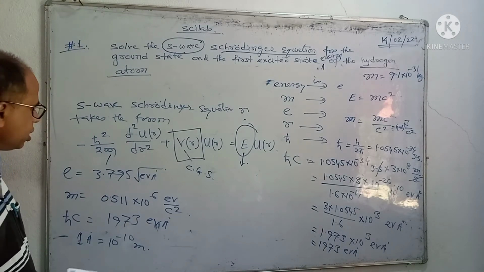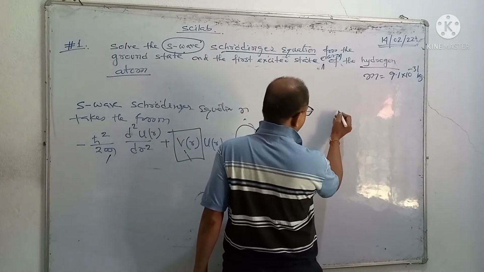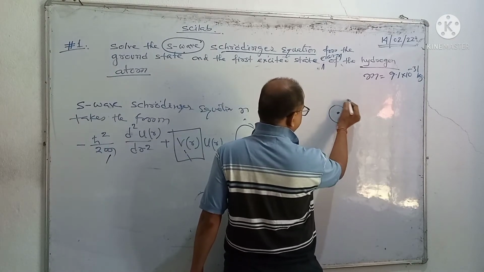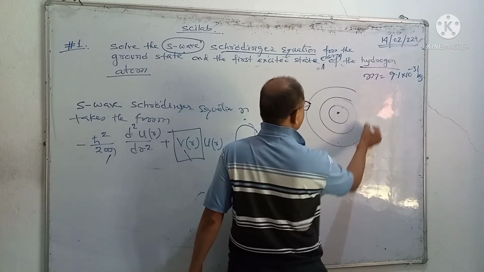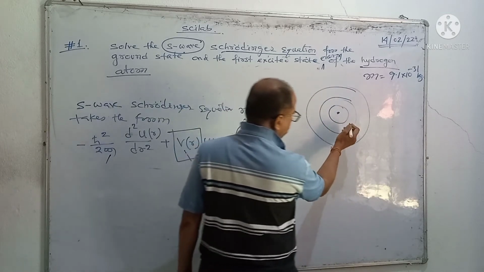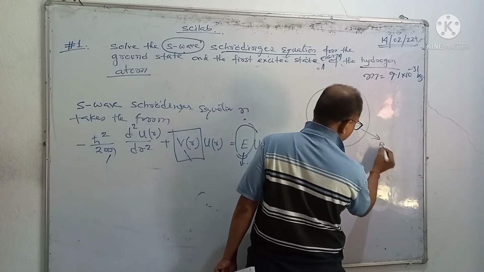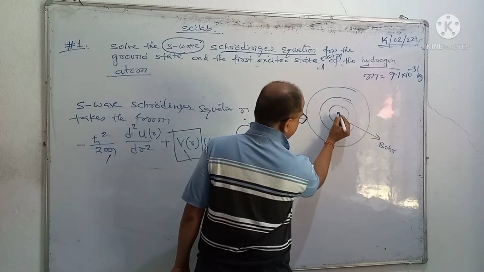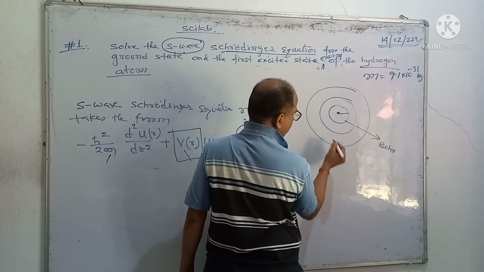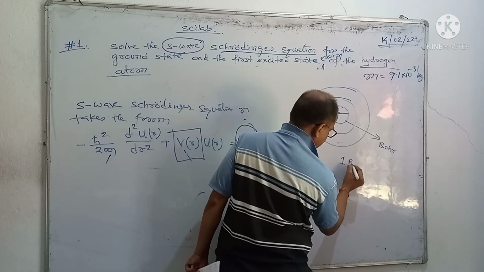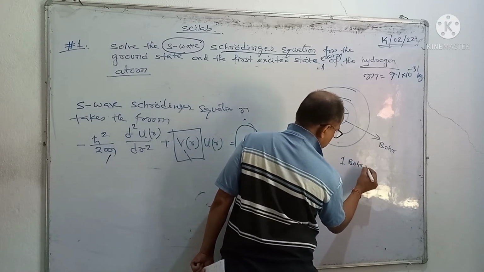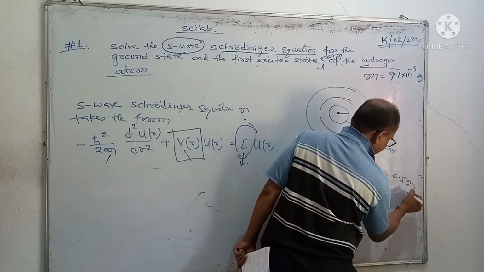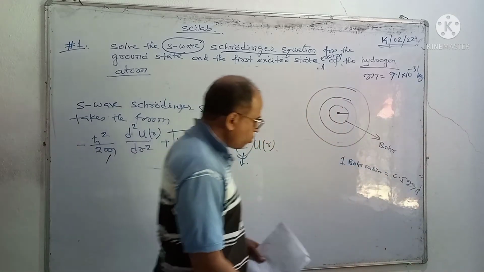Now, in case of hydrogen atom, we know the first quantum state is called Bohr orbit, and the radius is called Bohr radius. Now, one Bohr radius is equal to 0.529 angstrom.